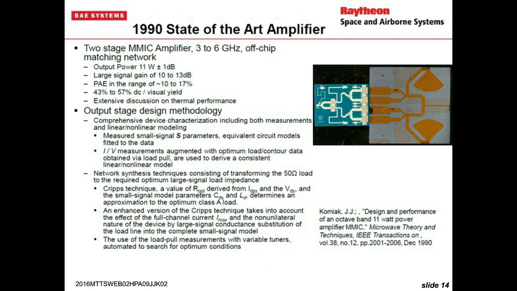And then the linear versions of the reactances can be used for the other elements, and this determines an approximation to the optimum Class A load. To a certain extent, it also would work for Class AB and Class B, although there was some error induced in that process because your voltages and currents aren't really your quiescent.